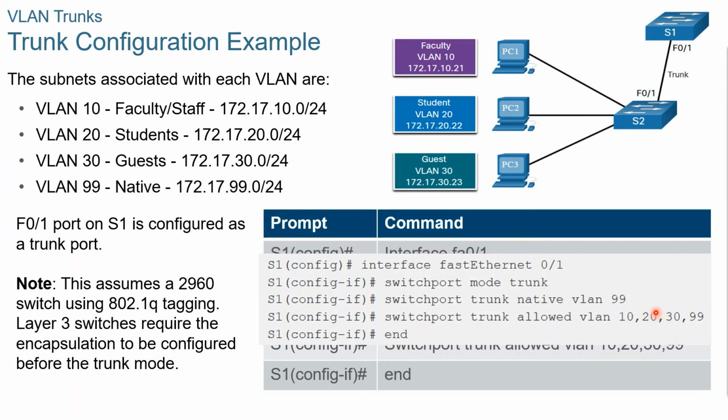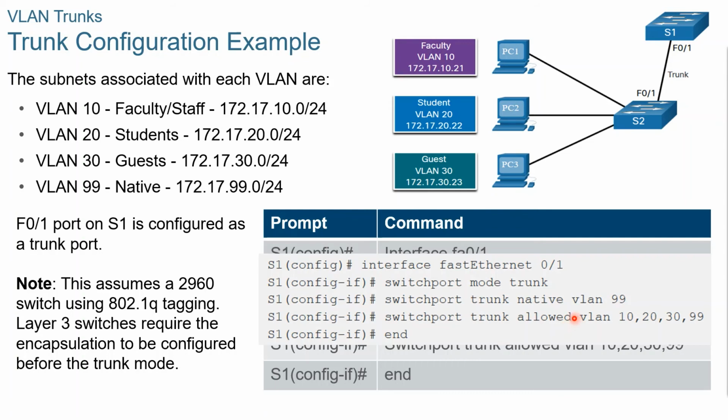Now, this configuration assumes the use of the Cisco Catalyst 2960 switches, which automatically use 802.1Q encapsulation on trunk links. Other switches may require manual configuration of the encapsulation. Always configure both ends of the trunk with the same native VLAN.